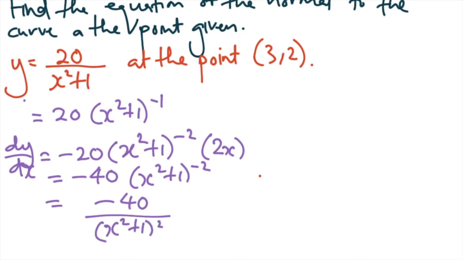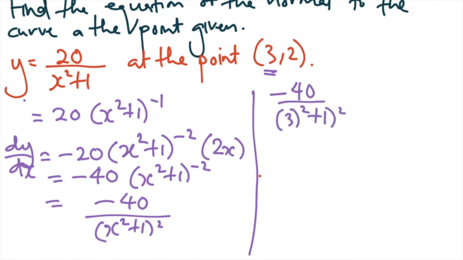Now plug in the x coordinate inside the gradient: -40 times 3 over (3 squared plus 1) to the power of 2. So that's -120 over (9 plus 1) squared, which is 10 squared, 100.